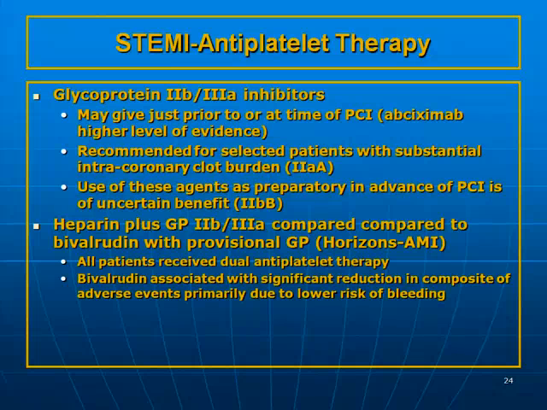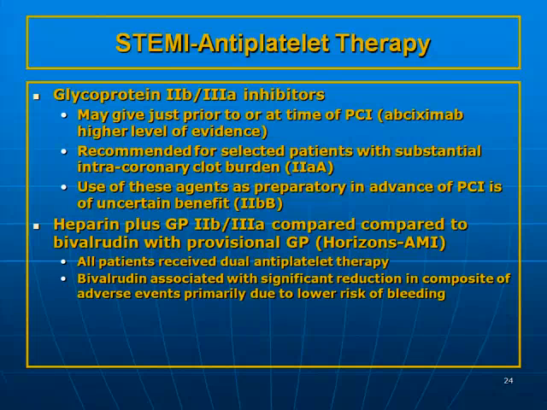So that's why the recommendation is that if you have somebody who's going to PCI for STEMI, you know they've had recent surgery or GI bleed or propensity to bleed, the bivalirudin route may be a good way to go. It's especially important, though, with bivalirudin that you make sure that you've got Plavix or prasugrel and aspirin on board, because bivalirudin as a direct thrombin inhibitor does not have antiplatelet effects, and that's what you're missing by using bivalirudin.